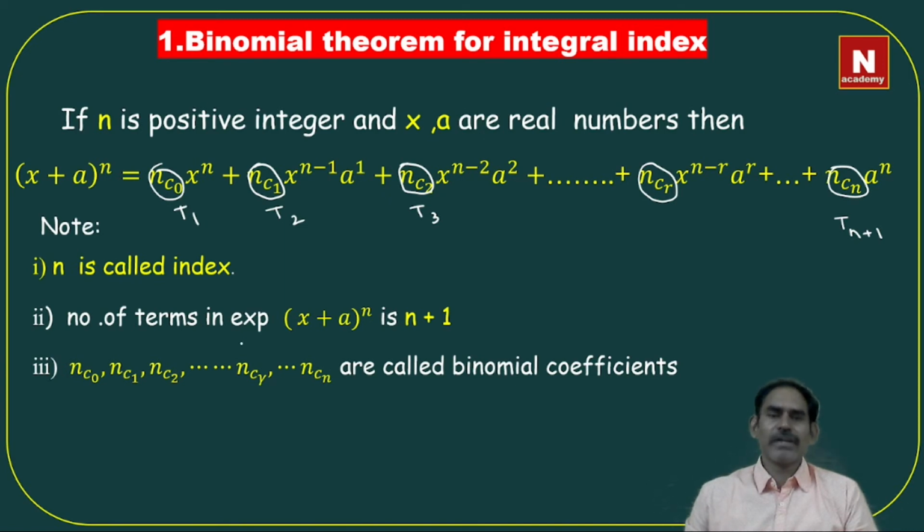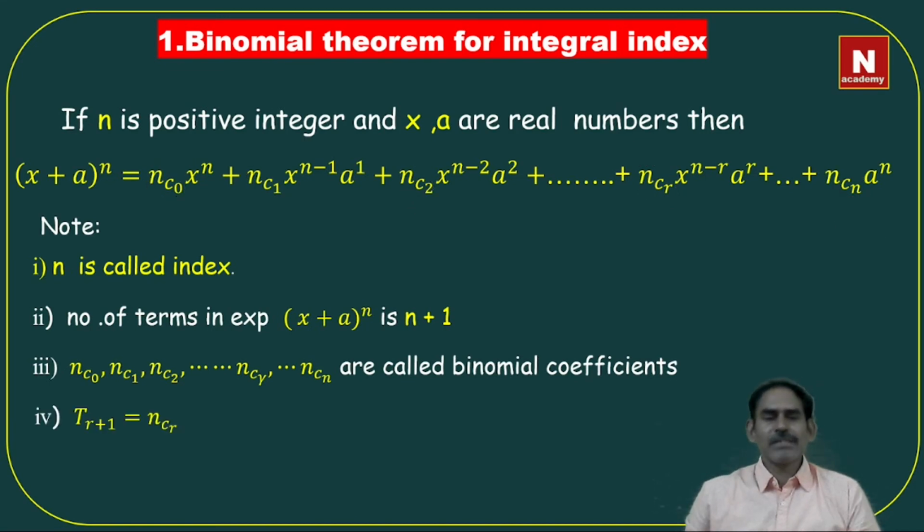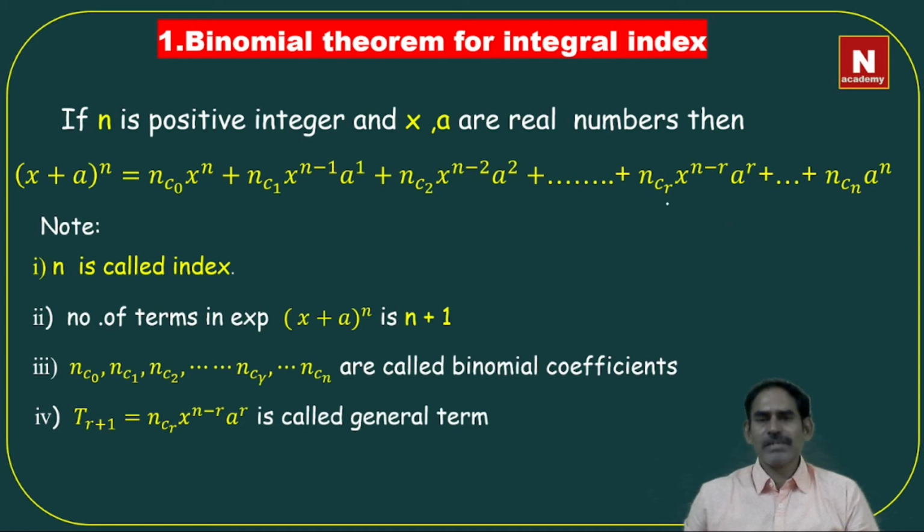Next, very important note we are going to write. Note number 4. The r plus 1th term, T(r plus 1) equal to nCr x power n minus r a power r, is known as general term. See, observe this expansion once again. This term is known as general term. Why general term? Every term is in this model only. nCr x power n minus r, difference of n and r.